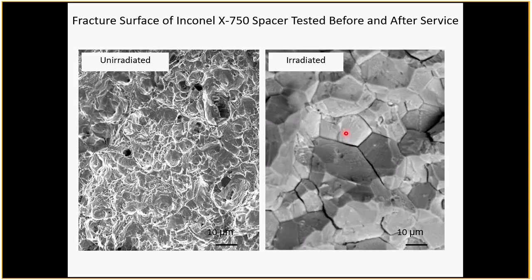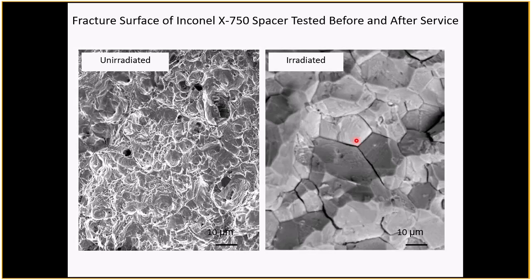So this one in particular was broken just by using your hands. It wasn't actually using your hands, using the manipulators. So with manipulators in a hot cell, you could break these components. And actually, I have a video. I should have shown it, showing breaking of the spacer with the robot arms, if you like, or the manipulator arms in the hot cell.